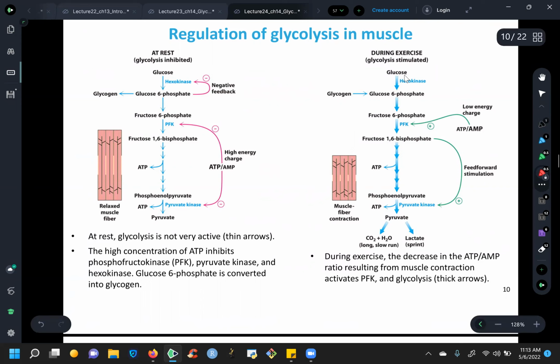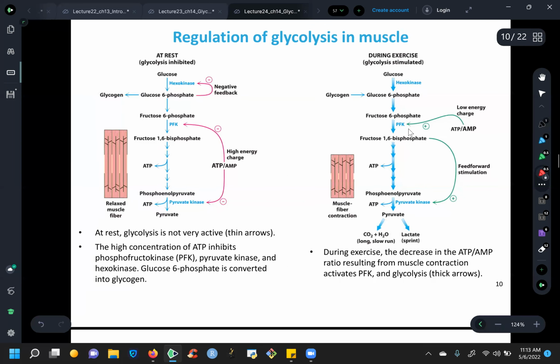So you start off with glucose. Low energy AMP will stimulate phosphofructokinase and feed forward stimulation of pyruvate kinase. During exercise, the decrease in the ATP to AMP ratio resulting from muscle contraction activates phosphofructokinase and glycolysis through the thick arrows.